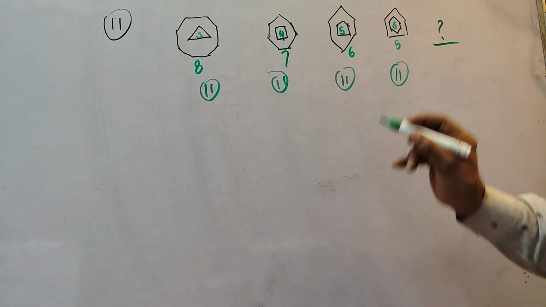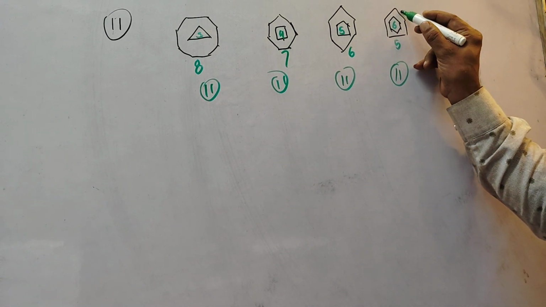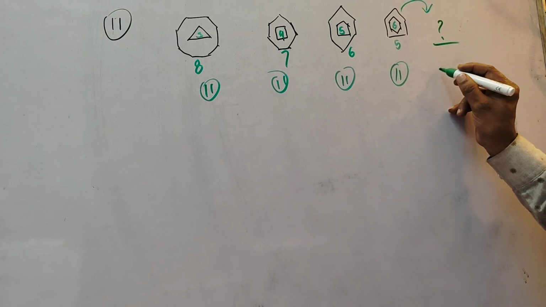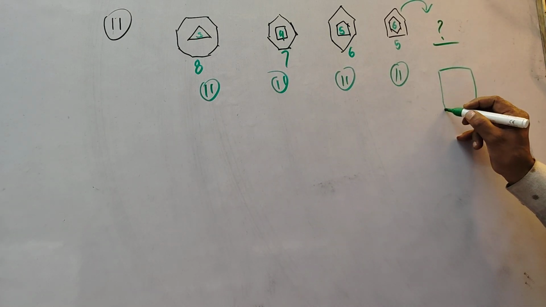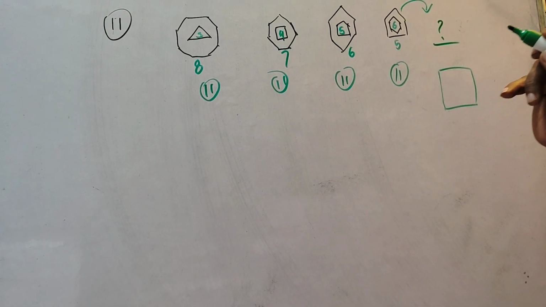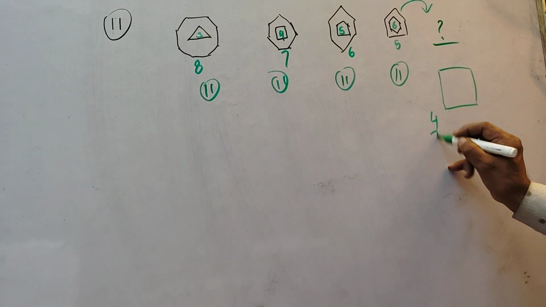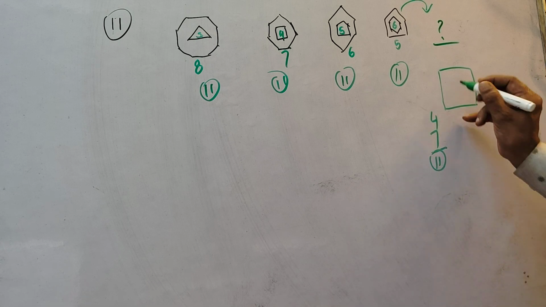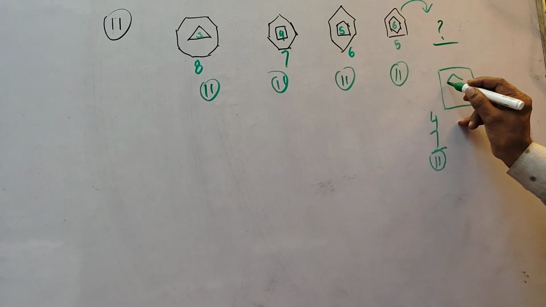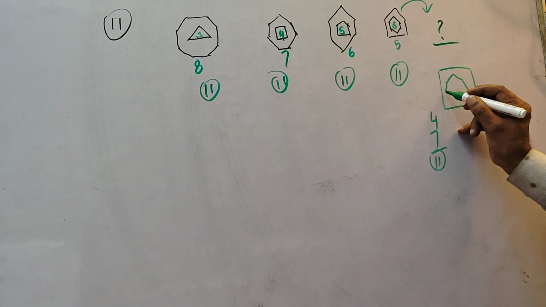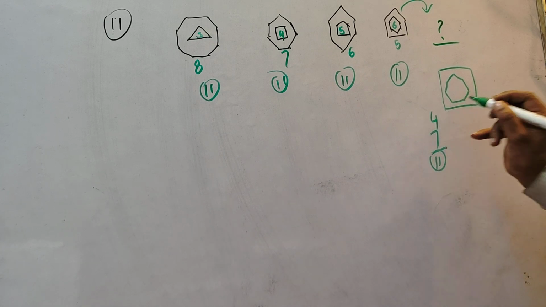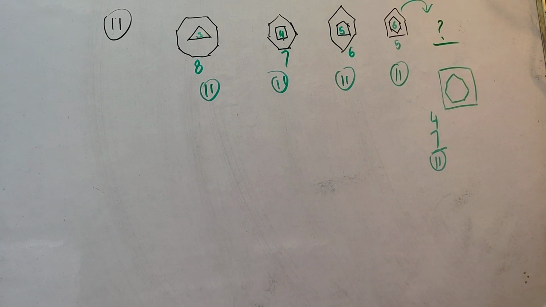So to make it 11, the 5-sided becomes a 4-sided figure. A 4-sided figure means a square, that is given in A option, and inside there is 7 sides, because 4 plus 7 is 11. So we make a 7-sided figure here. Well done. This A option is correct.